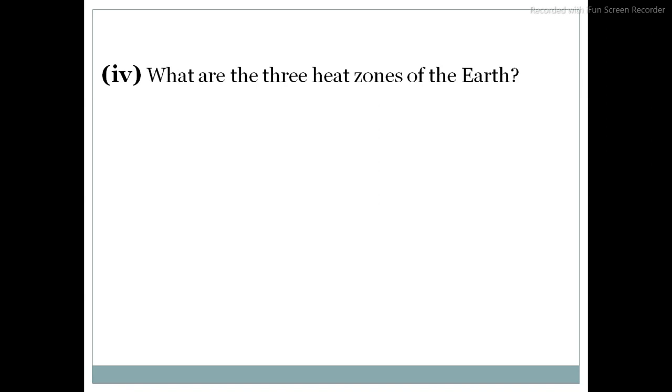Next, moving toward question number 4. What are the 3 heat zones of the earth?